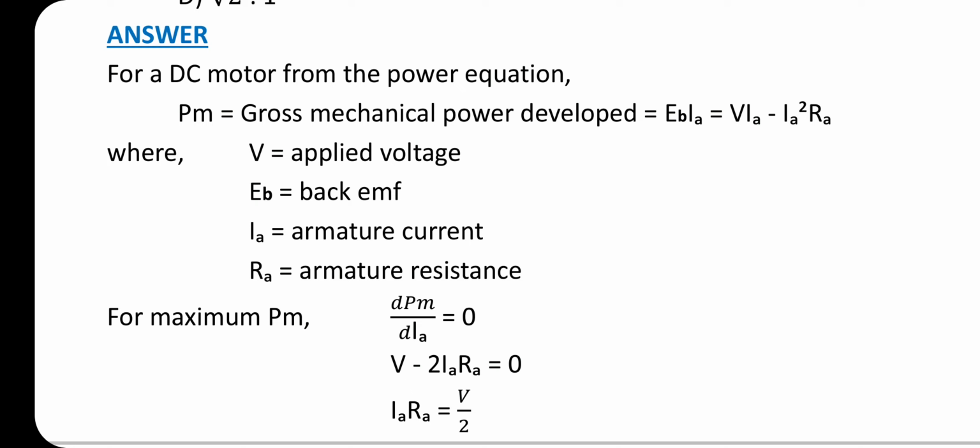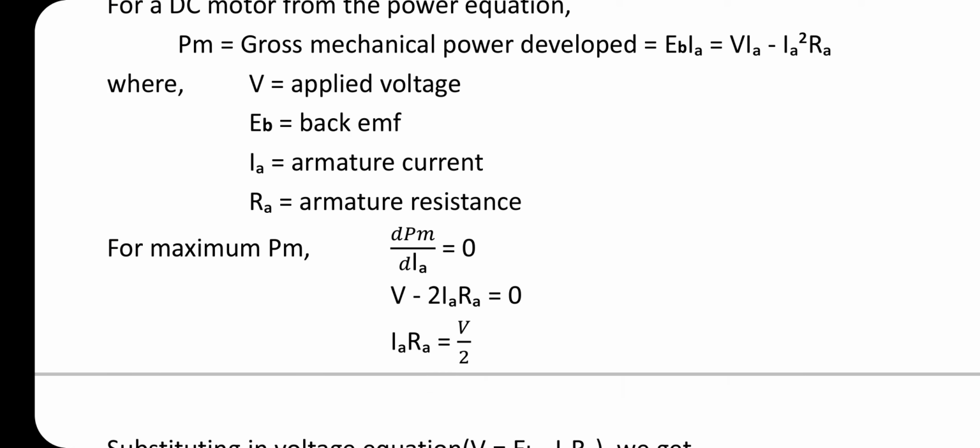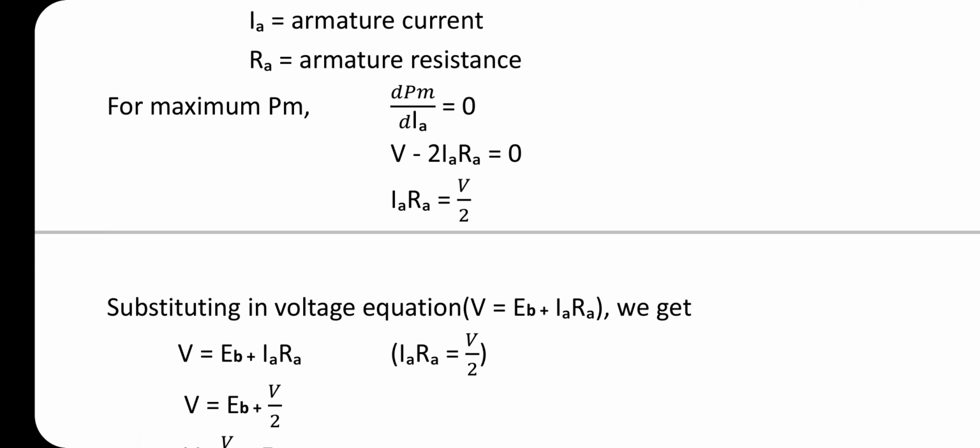For maximum PM, dPM divided by dIA equal to 0. So differentiating the equation of EB IA, we get V minus 2 IA RA equal to 0. That is, IA RA equal to V by 2.